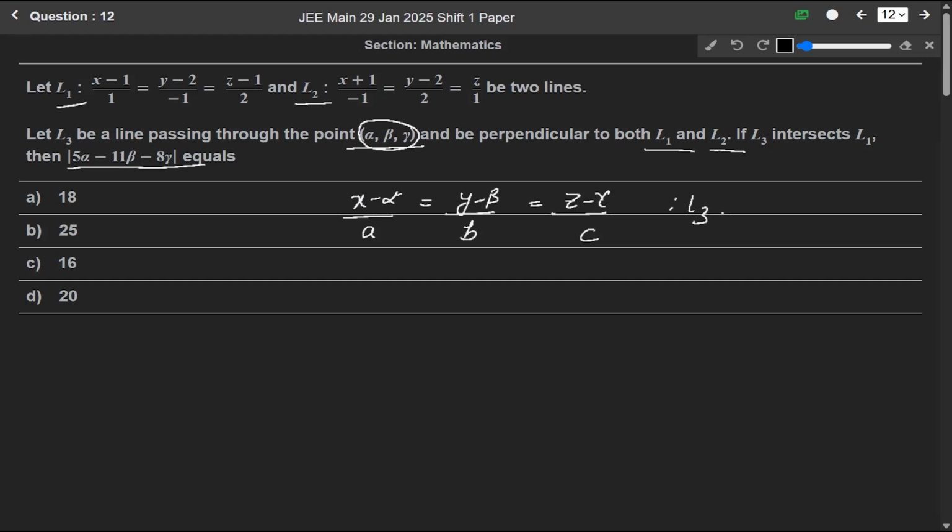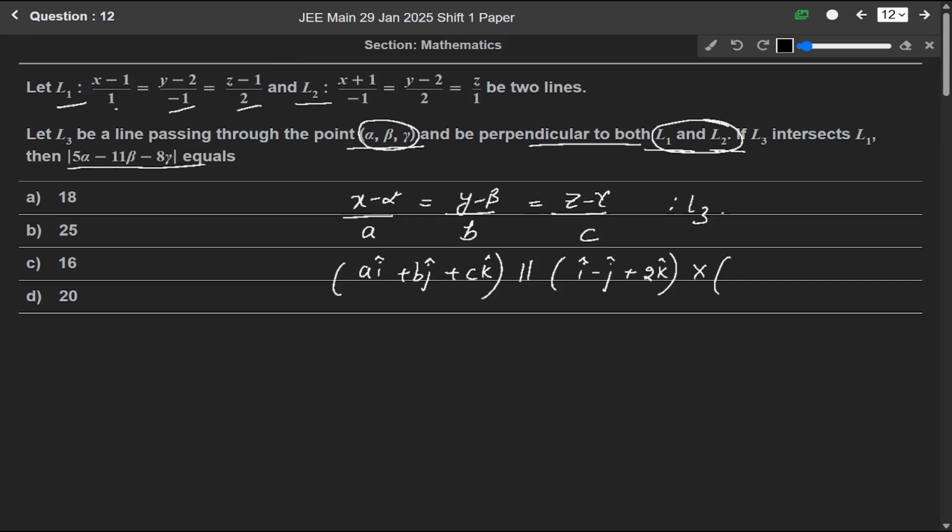It is also saying that this line is perpendicular to both L1 and L2. So we can write that A i cap plus B j cap plus C k cap will be parallel to the cross product of L1 and L2, meaning i cap minus j cap plus 2k cap cross minus i cap plus 2j cap plus k cap.